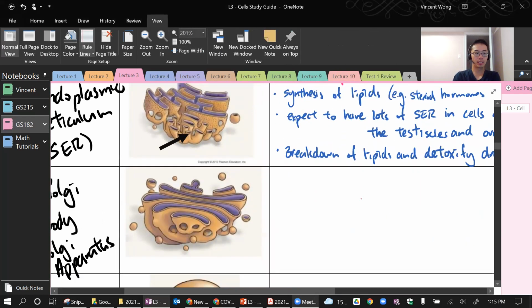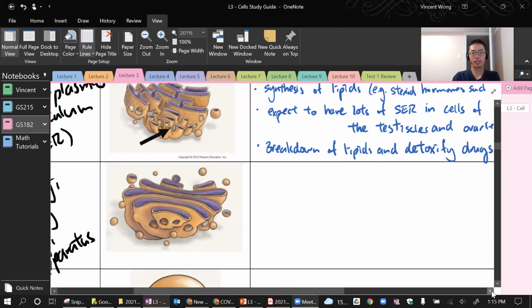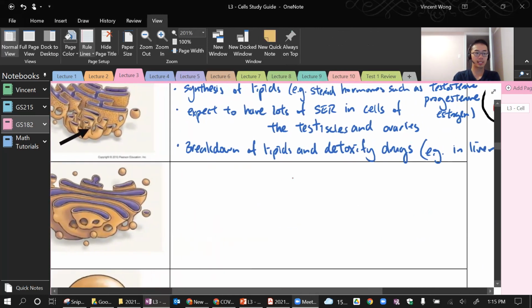Okay, so let's do the description of the Golgi body. Again, part of the endomembrane system, and it consists of layers of membranes stacked together. They're not really touching each other, right?